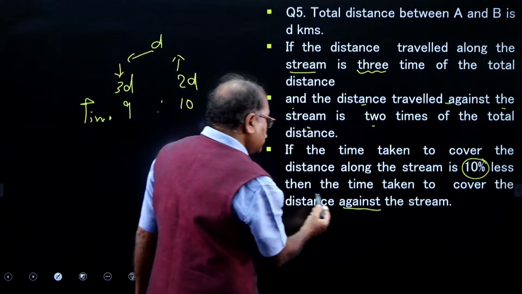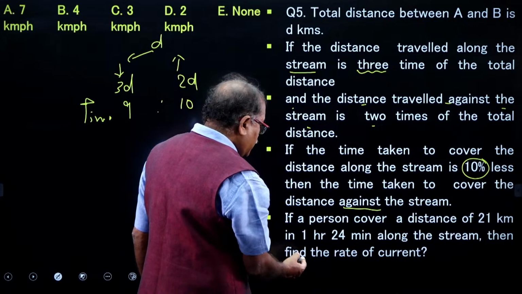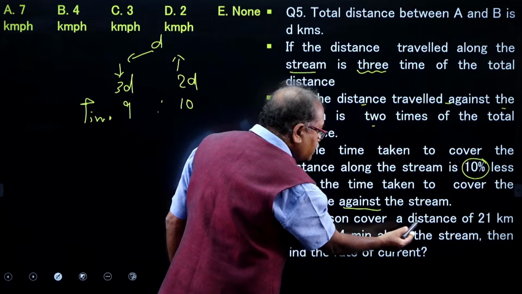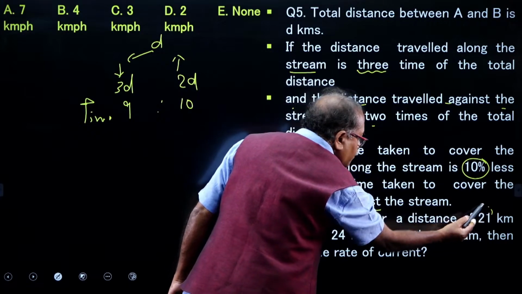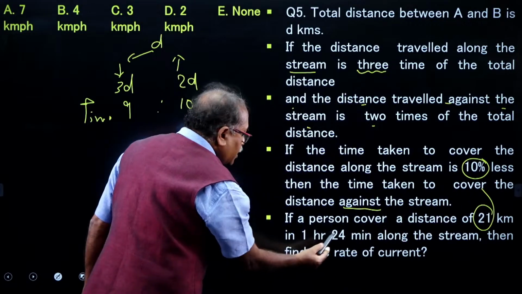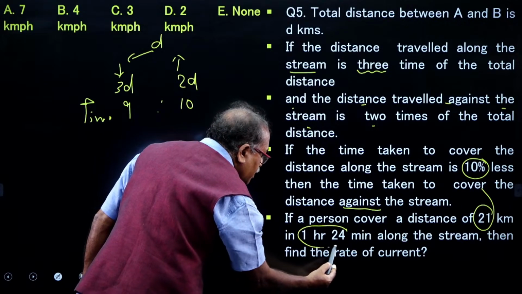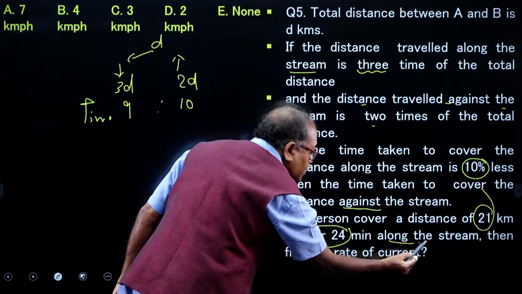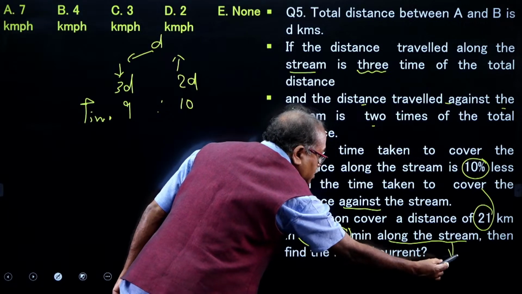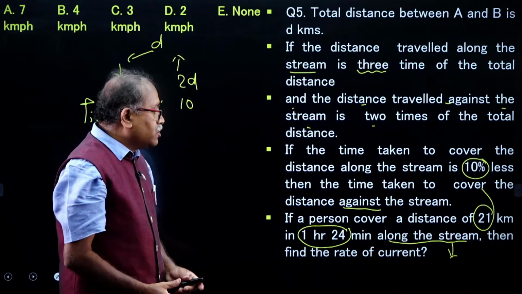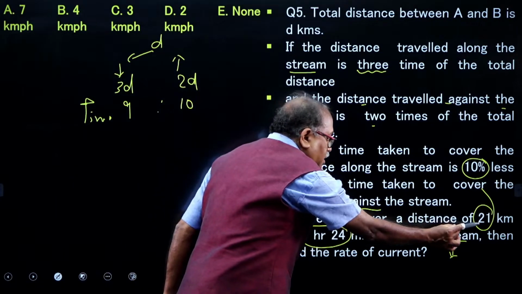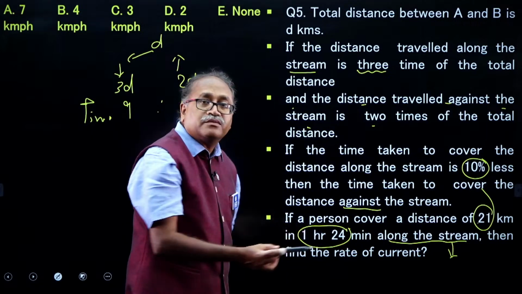The next one says, if the person covers the distance of 21 kilometer in 1 hour 24 minutes along with the stream, that means downstream. For the downstream, we have the distance and we have the time.